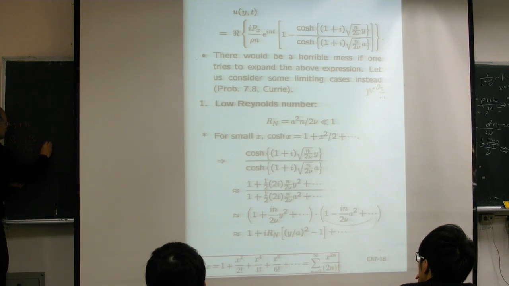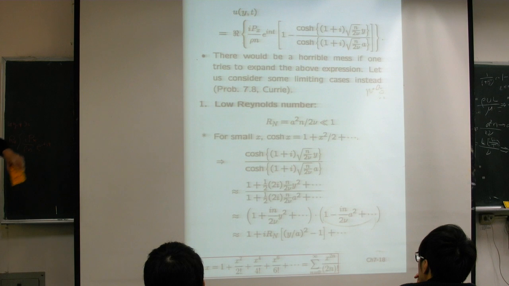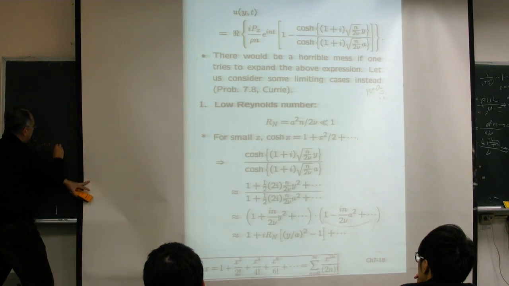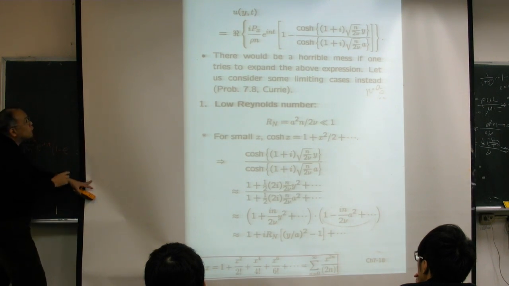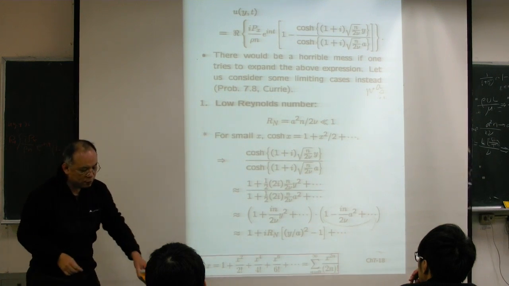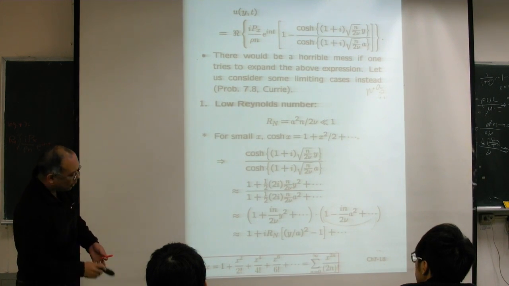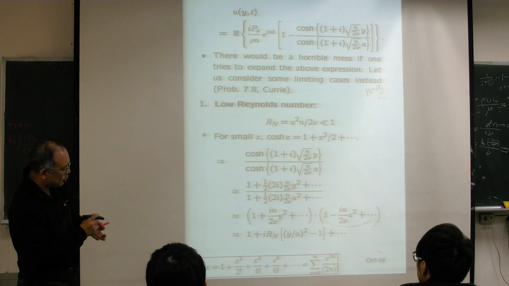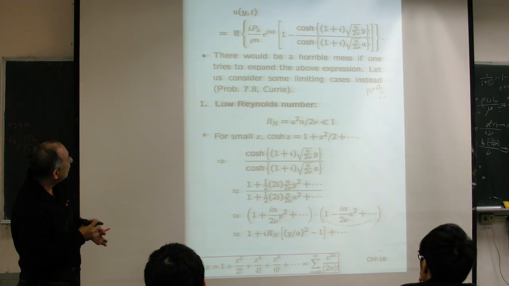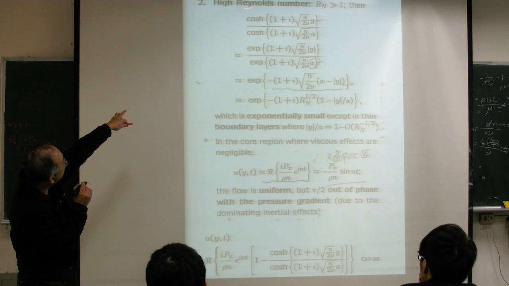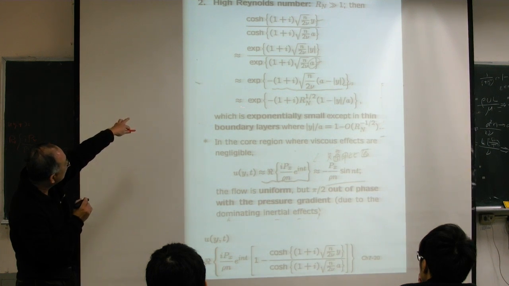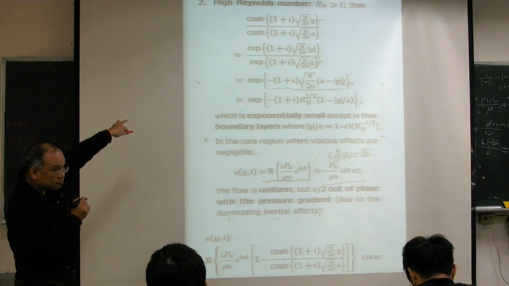It's exponential i n t, and times 1 minus its exponential, because the hyperbolic cosine over hyperbolic cosine function here can be simplified when you have a high Reynolds number. This hyperbolic cosine function can be represented as this.